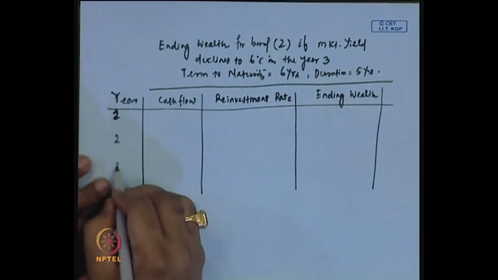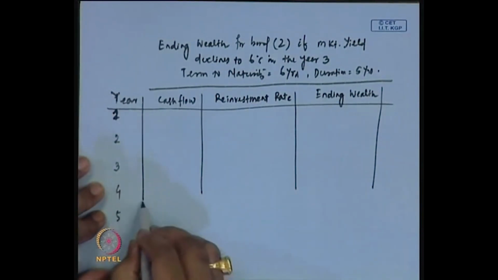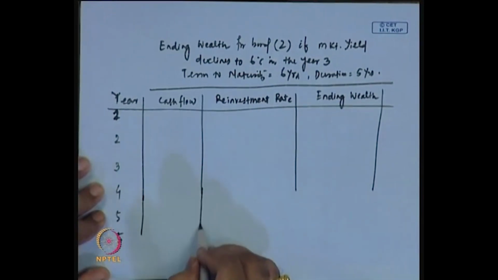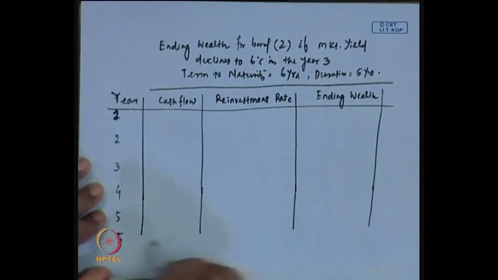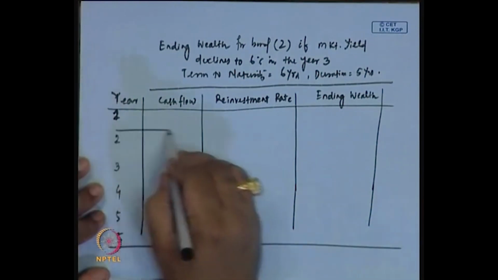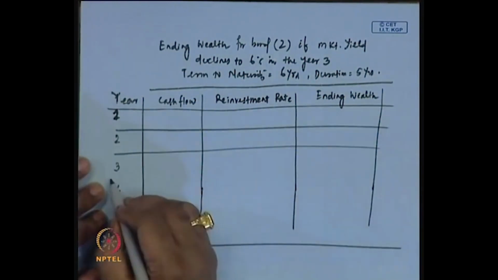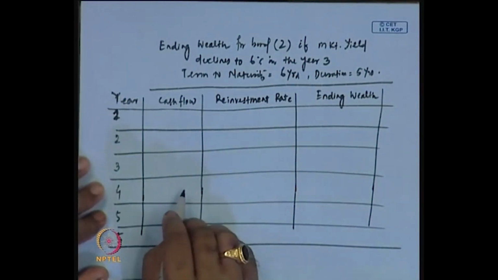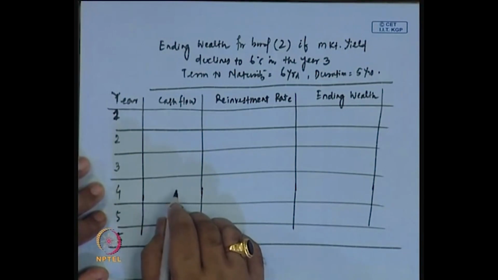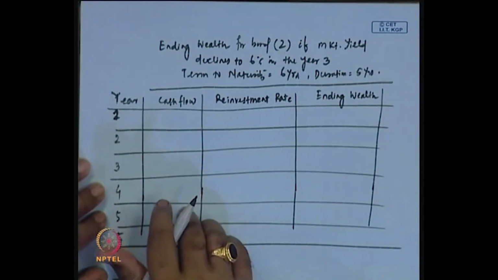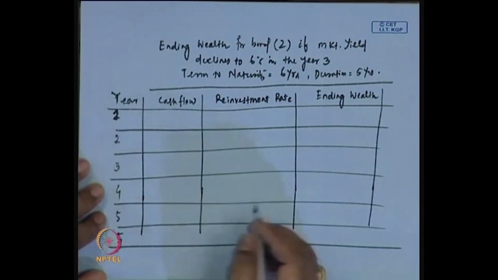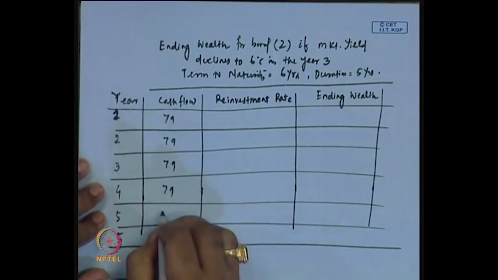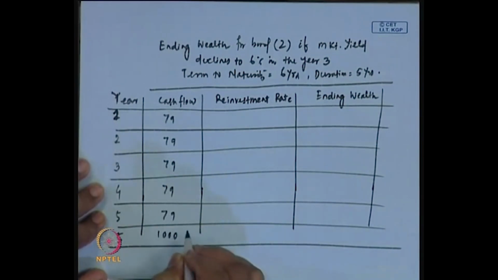One, 2, 3, 4, 5, end of the period 5. Let us see, in the same situation, if you are investing in a bond whose duration is 5 years, how this particular wealth ratio can be maintained. The cash flow is the same, 79, 79, 79, 79, 79, here it is 1000.